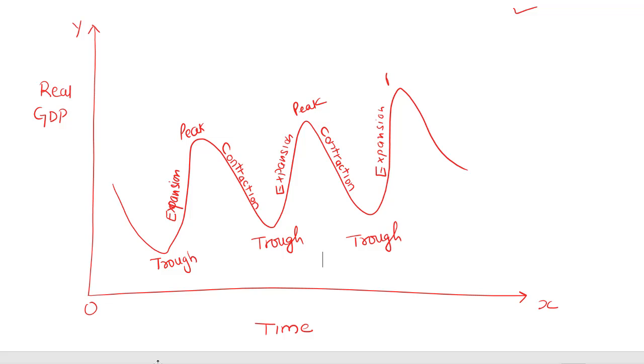So during the lifetime of a company, generally a situation like this comes. So this is the business cycle. This is the trend line in between. I believe you understood till here.